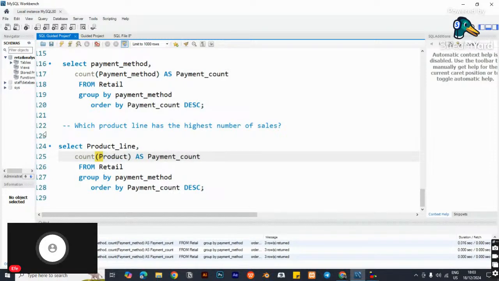I'm going very fast, but I believe I've laid a solid foundation. So we can say product count from retail, group by product line, order by product count.